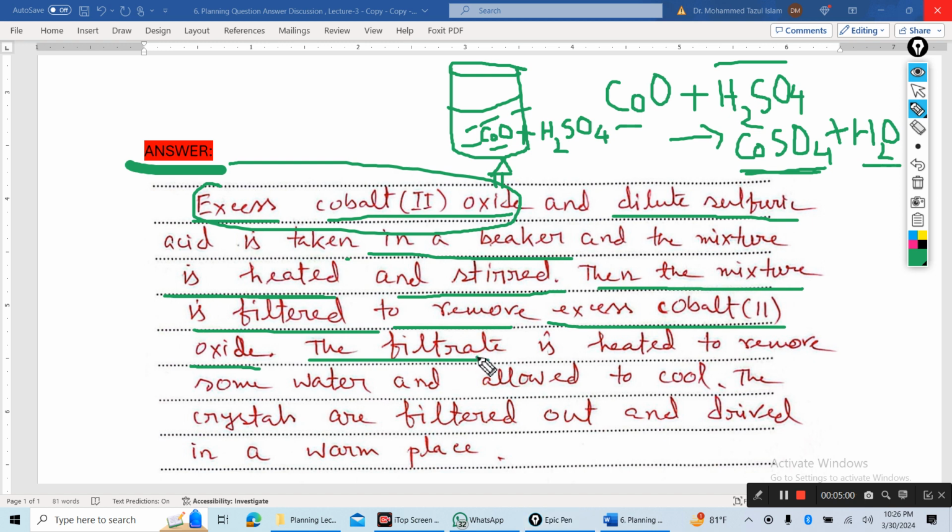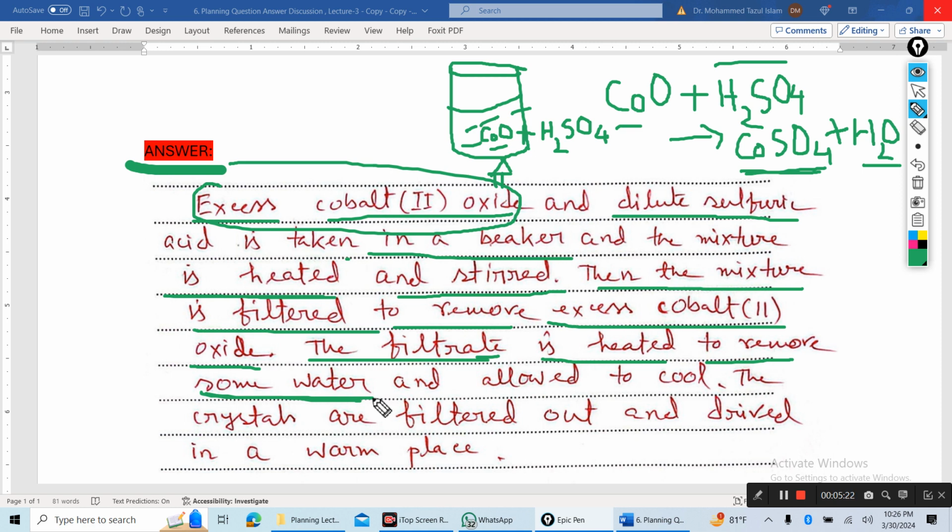After filtration, the filtrate is heated to remove some water, or you can write the filtrate is heated to the crystallization point. At a certain point, cobalt(II) sulfate crystals will start to form.